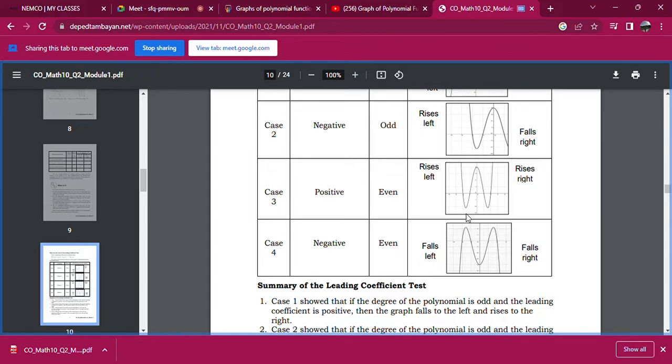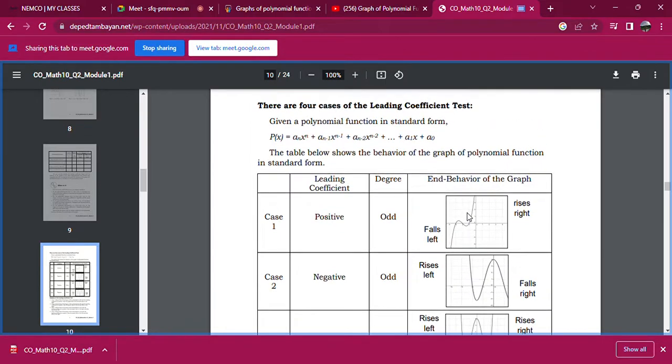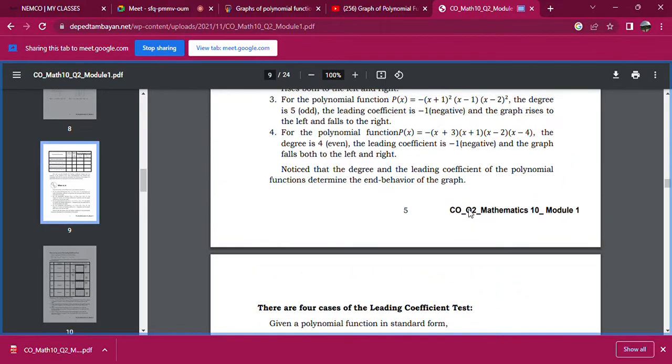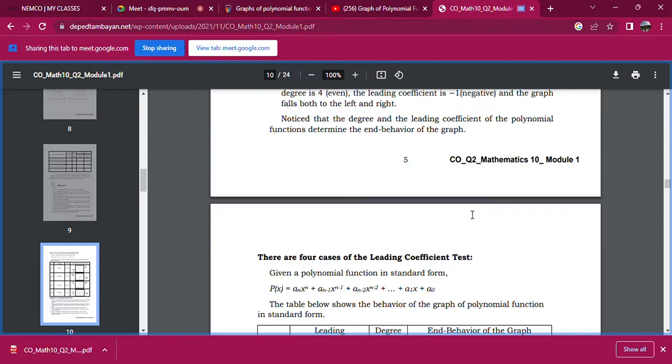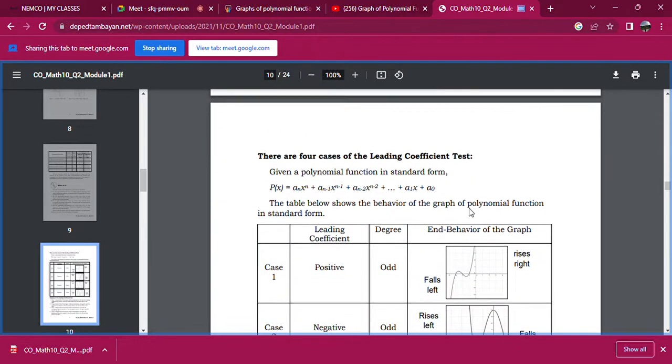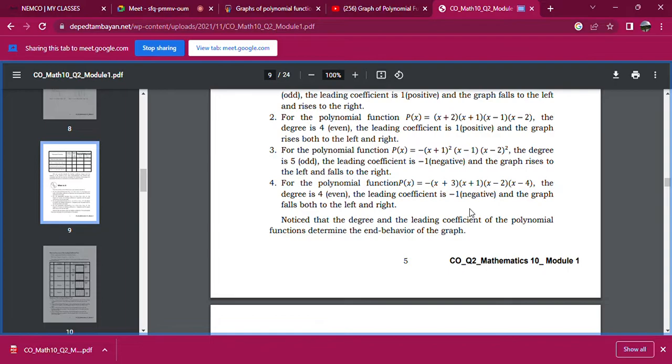Nasabtan, okay. Ato siguro pangtanon. If ang imo leading coefficient is positive and odd ang imong degree, unsa man ang behavior sa graph?